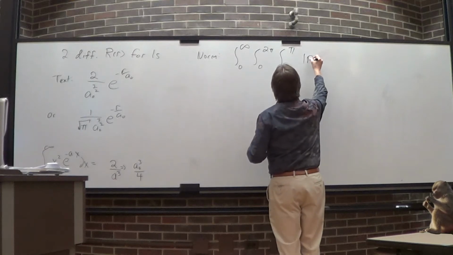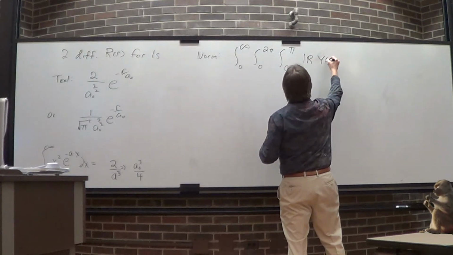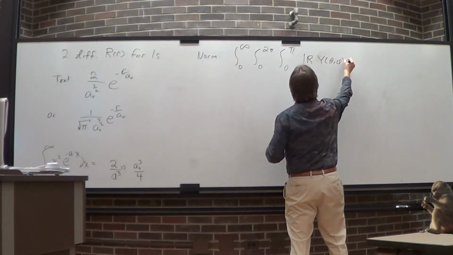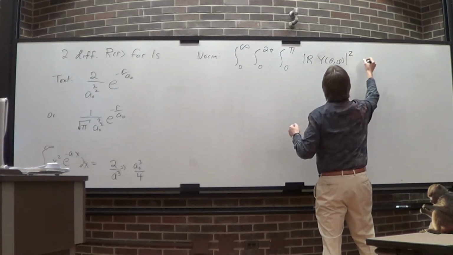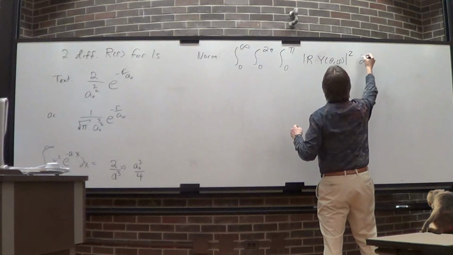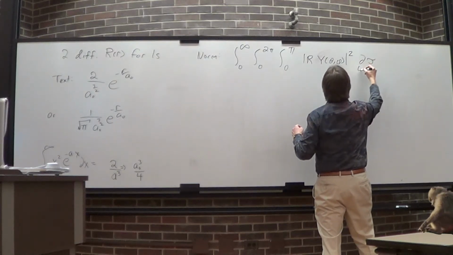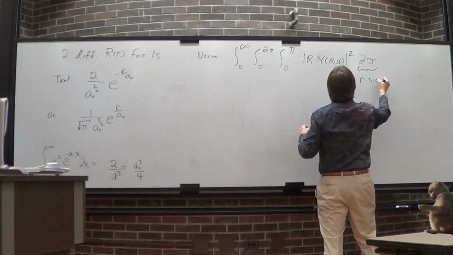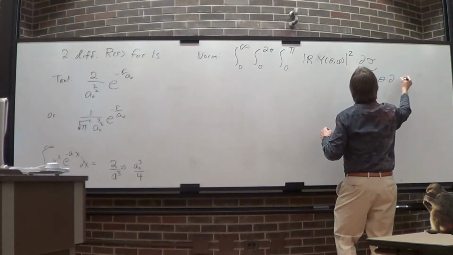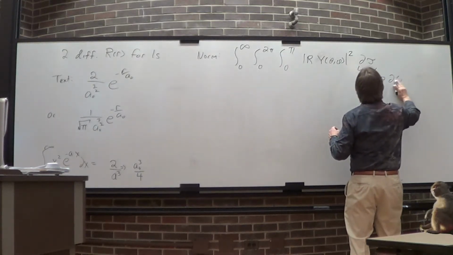And as I just mentioned, R is for r, Y is for the angles. And let me put this symbol d tau, which is usually just shorthand for this.